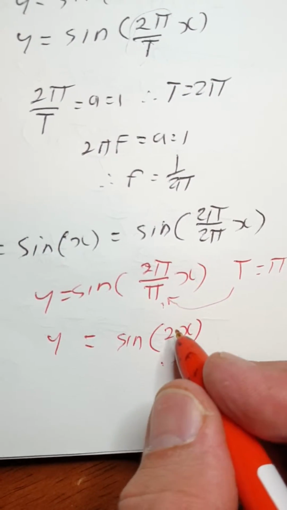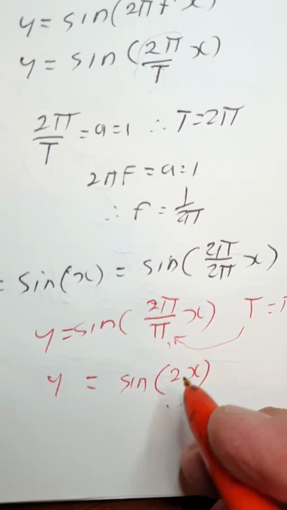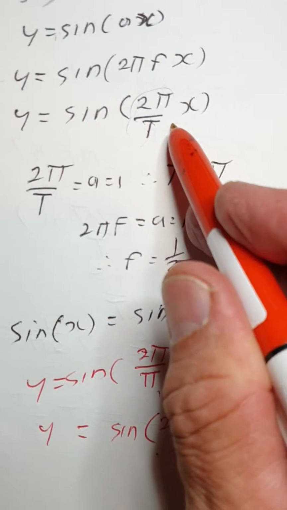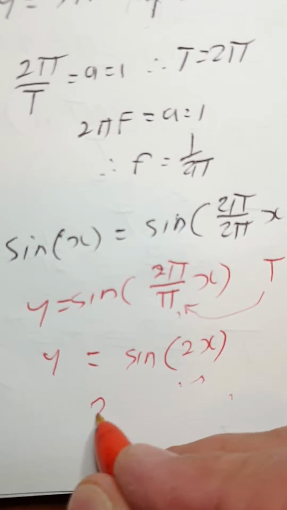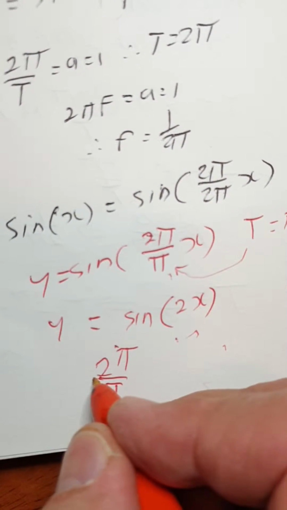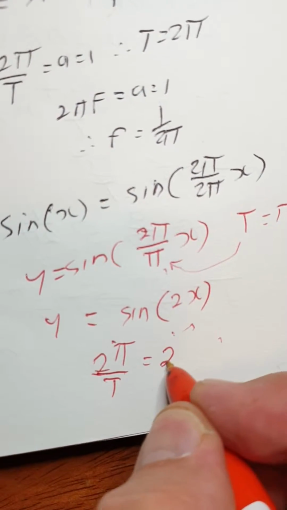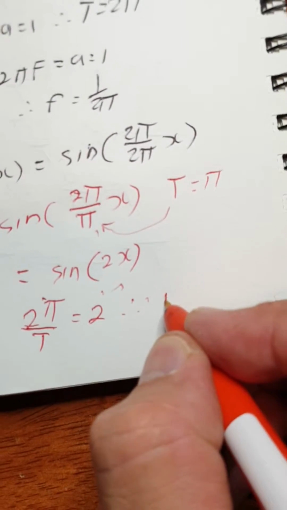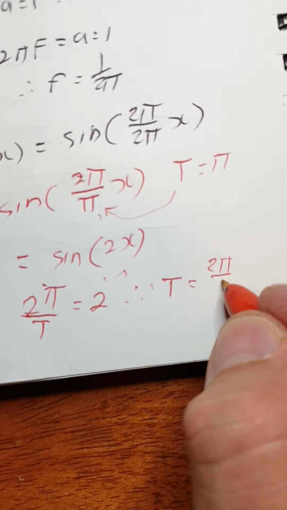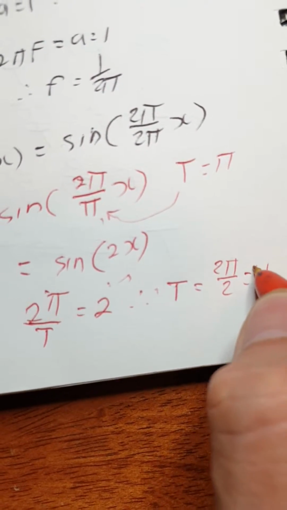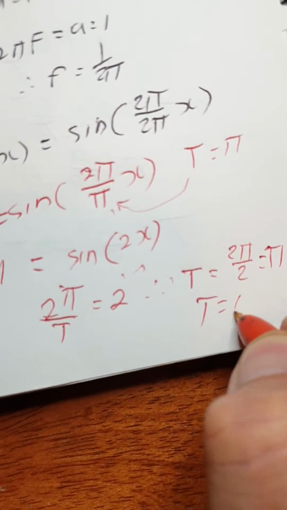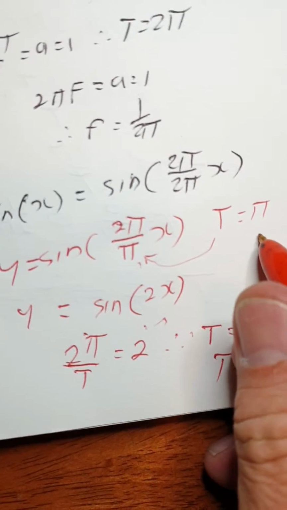The bit that's always living in front of the x, and back here we said it was pi on pi, making it 1, is really 2 pi on T. So we can go, well then, 2 pi on this T, the period, is equal to 2. Therefore, let's rearrange it. Therefore, T is equal to 2 pi on 2, which equals pi, the period. Because we already said that, T equals pi.